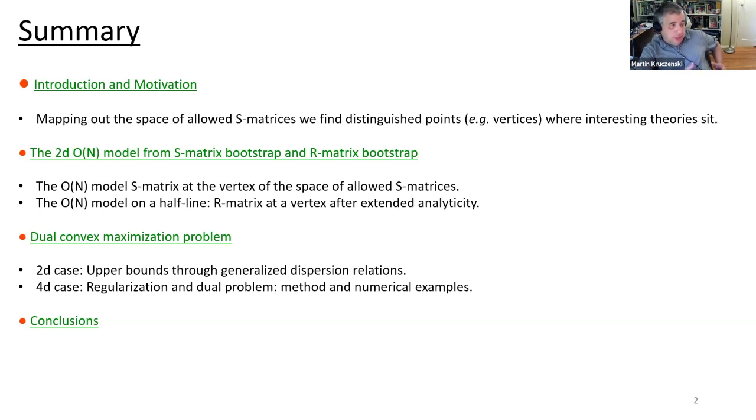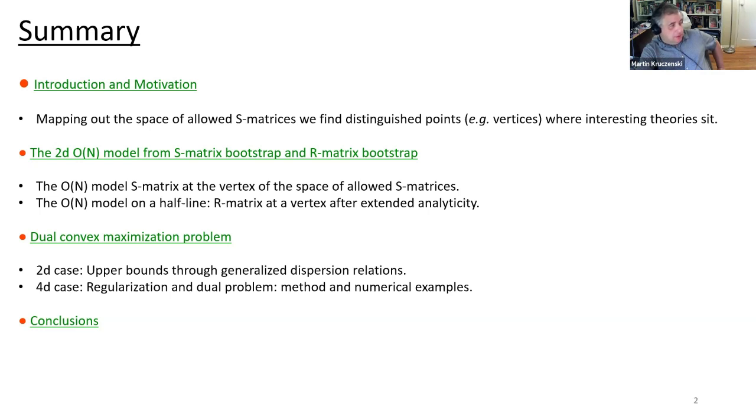Once you have that space and you try to characterize it and map it out, sometimes you can find distinguished points in that space that correspond to given S matrices. If you can identify those S matrices with field theories of interest, then you have a method to compute the S matrix of such a field theory.